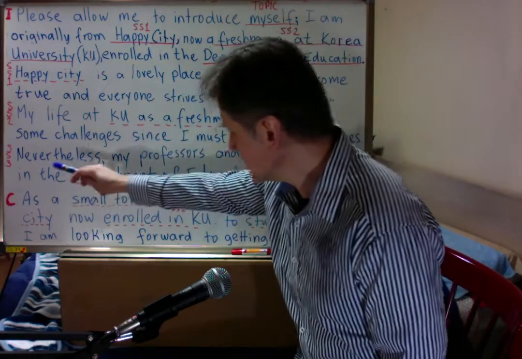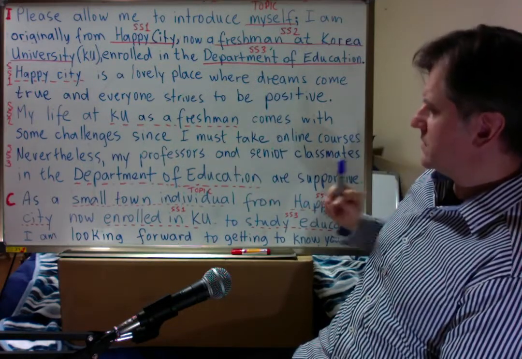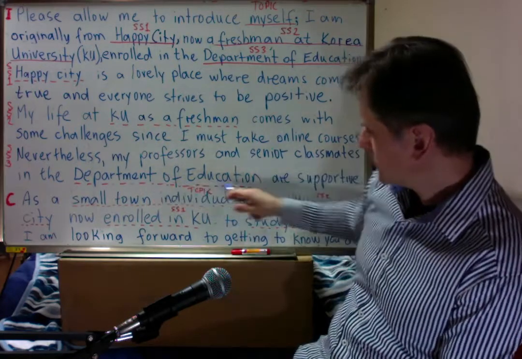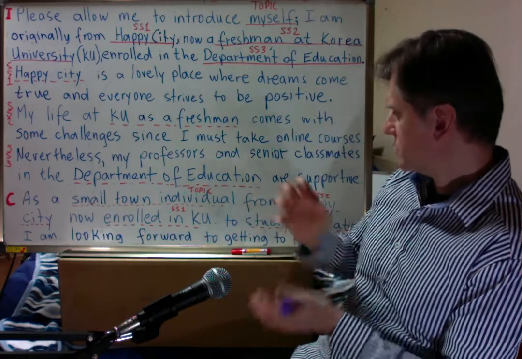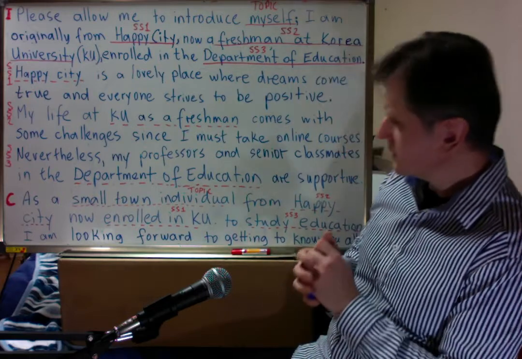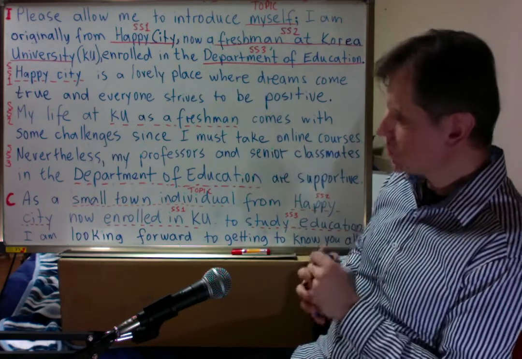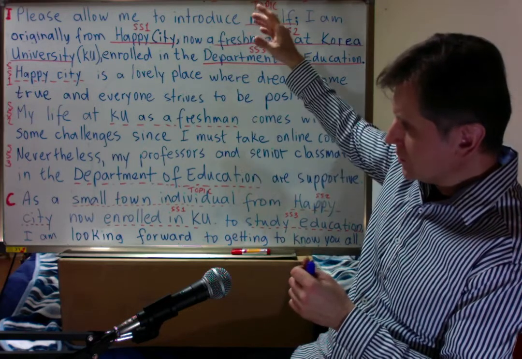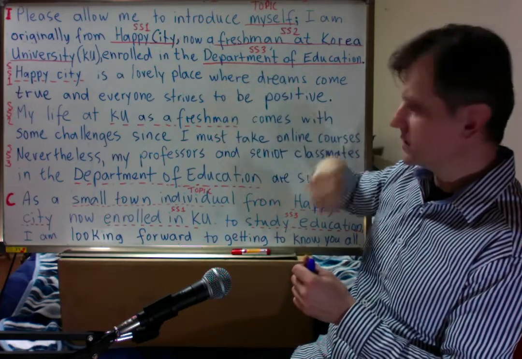Supporting sentence 3: "Nevertheless, my professors and senior classmates in the Department of Education are supportive." So again, Department of Education, you give a little bit of information about your professors, your senior students being supportive. Again, you can change that information and write whatever you'd like to write about. It doesn't need to be this. So talk about you.